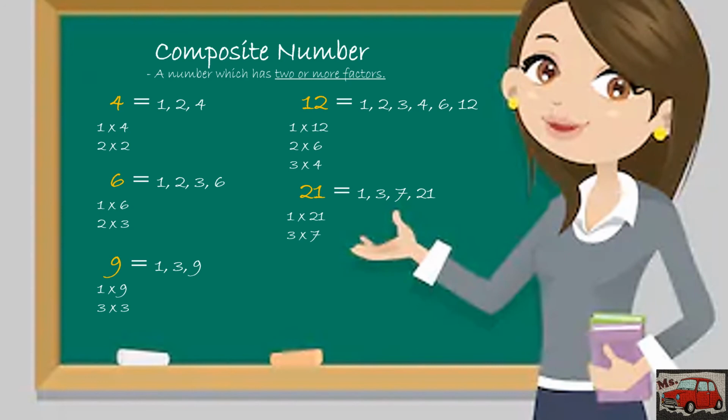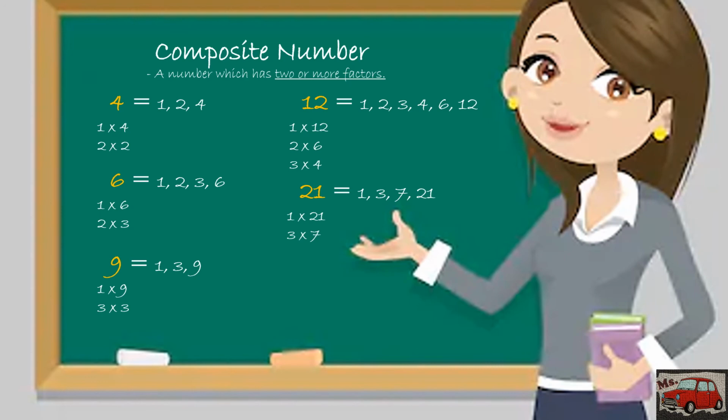And kung mapapansin nyo, yung composite number, pwede siyang ma-break into prime numbers. So, let's say 1 times 4. Di ba si 4, pwede natin gawing 2 times 2. So, pwede natin i-multiply na lang na 1 times 2 times 2, and that's equivalent to 4. So, pag sinabi natin composite, ito yung pinagsama-samang prime number.